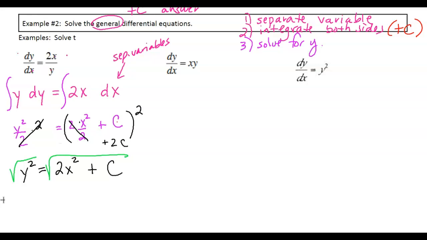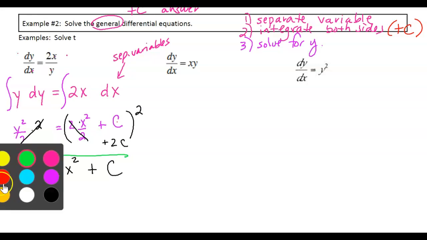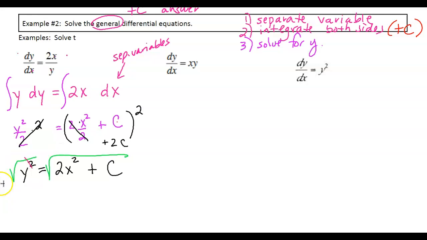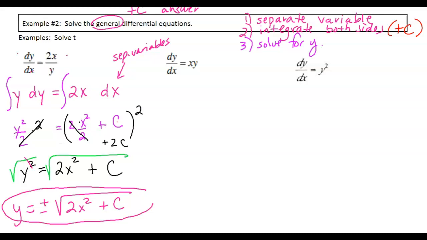So it's not going to go outside the radical. Okay? And so we get y equals, we took a square root, so technically it's plus and minus the square root of 2x squared plus c. Now, because this is being added, I cannot simplify any of this under the radical. So this is my general solution to the differential equation.